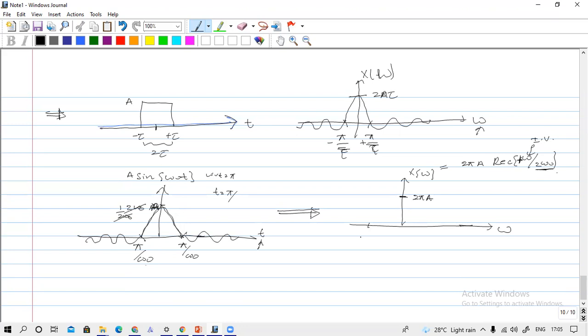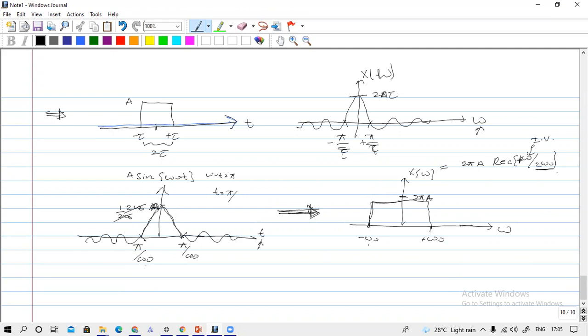So we can say that here it is minus omega naught and plus omega naught, and this is our pulse. Likewise, we can get any signal spectrum. So you guys understand this.